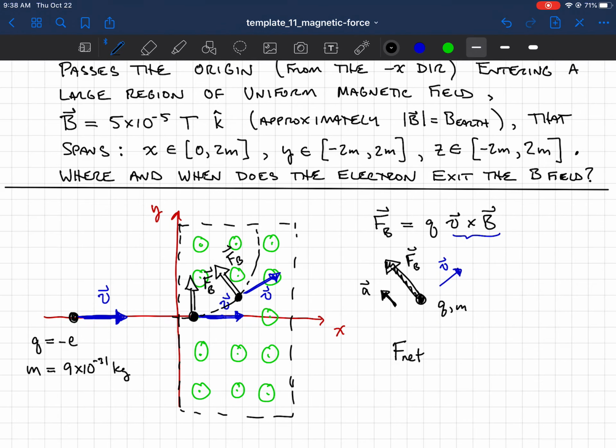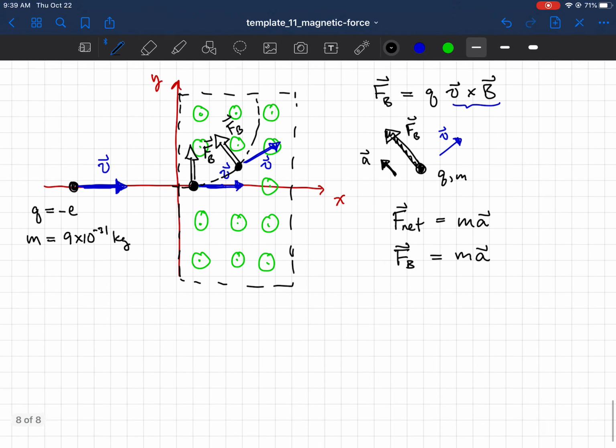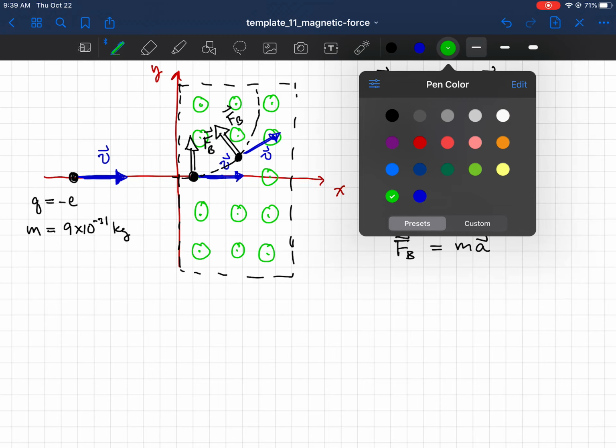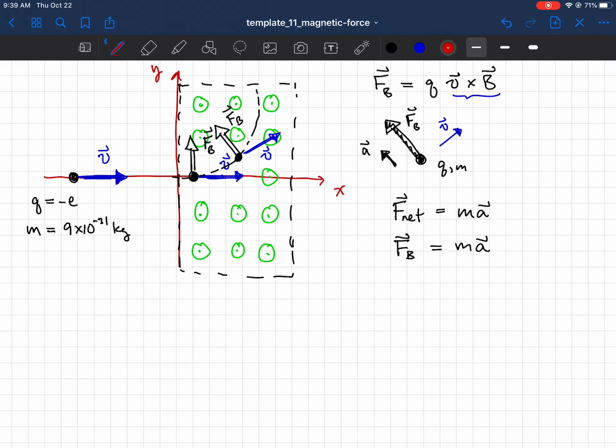Now we write down Newton's second law. It's a very simple Newton's second law because the net force is simply the magnetic force. And then because we're dealing with circular motion, we usually choose a special coordinate system which points radially.